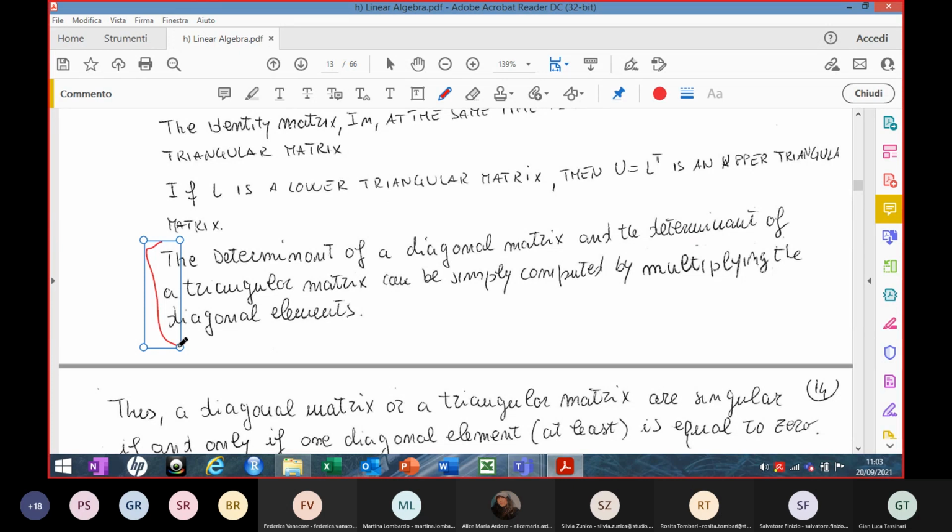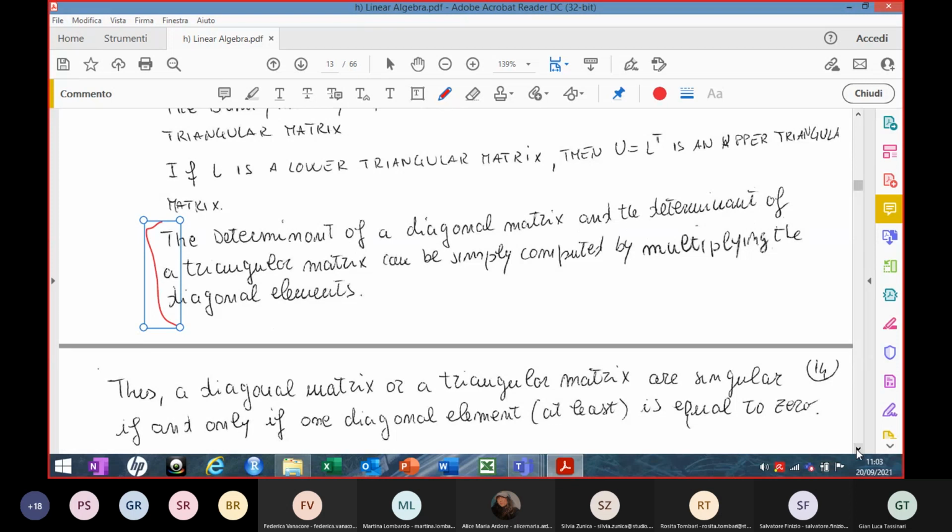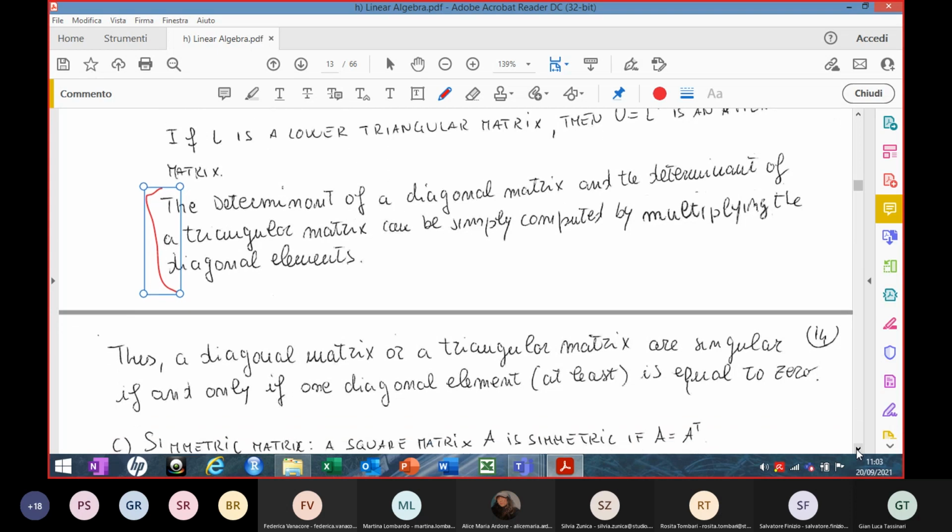So, guys, intuition: a triangular or a diagonal matrix has a 0 determinant if at least one of the diagonal elements is equal to 0, since the determinant is the product of the diagonal elements.